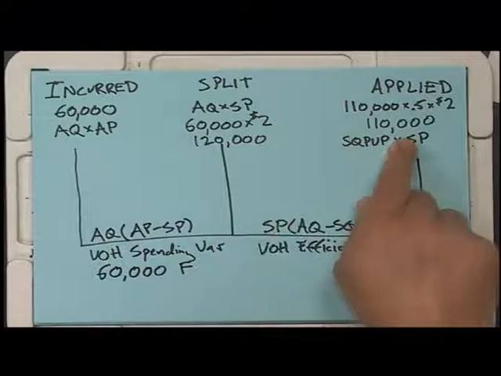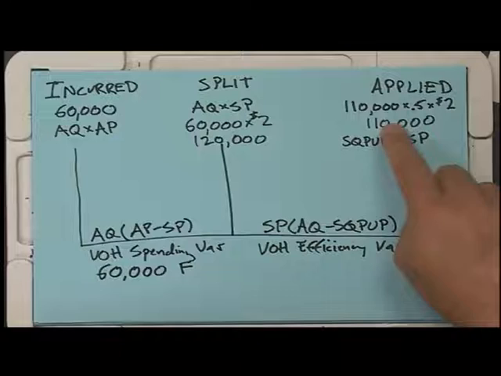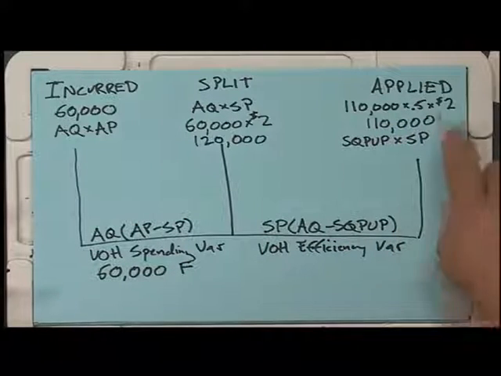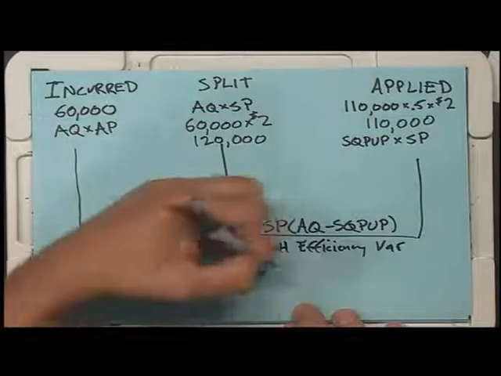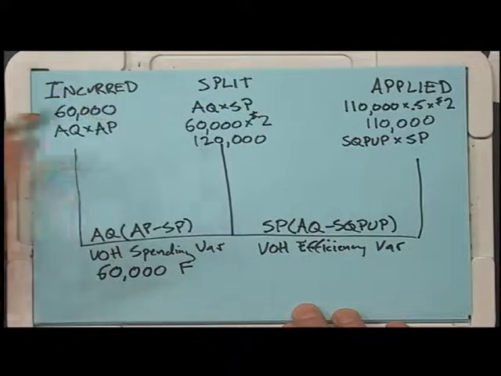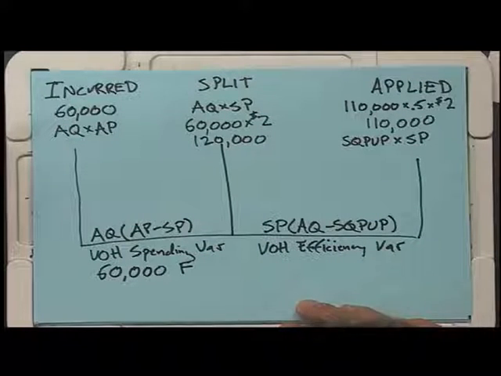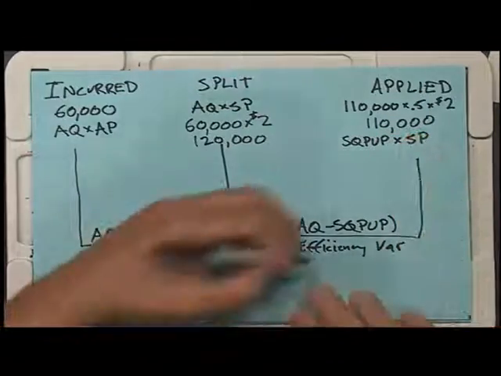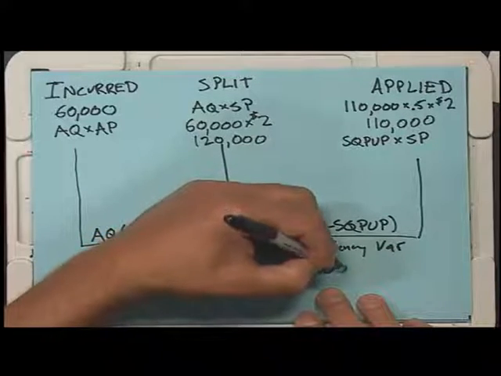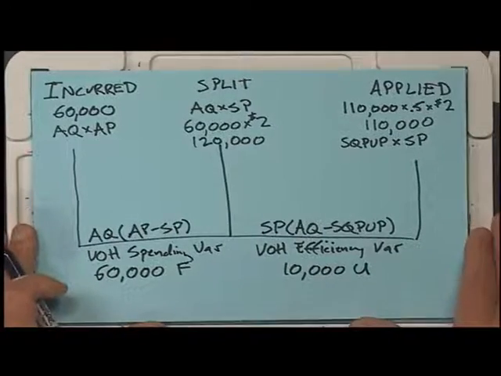But by using 5,000 hours more than we should have, 60,000 instead of 55,000, and each of those getting an application of $2, we have, wait, hold on, give me a moment here. So that's 60, 120, yeah, right, the 120,000 minus the 110,000 gives us a $10,000 unfavorable variable overhead efficiency variance.